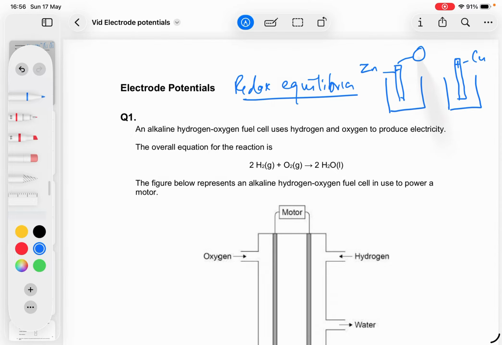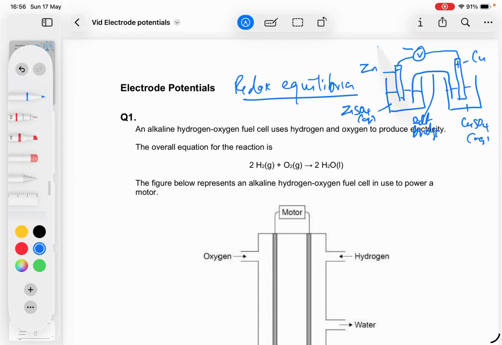Going to connect this with a high resistance voltmeter, and then we're going to connect this with a salt bridge. Okay, so I'm not teaching the topic. The idea is to just cover a few questions. Then you've got your electrolytes, zinc sulfate and copper sulfate solution. Your salt bridge completes the circuit.